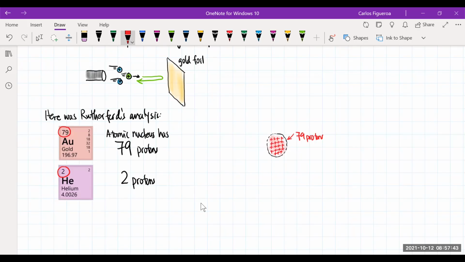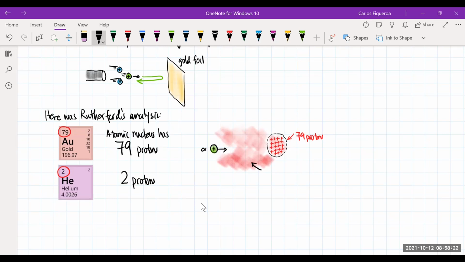And what happens here is that as this proton, or helium nucleus, excuse me, this alpha particle, is coming inwards, these 79 protons produce an extremely intense electrical force field.